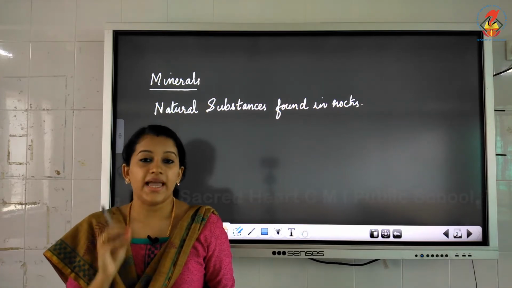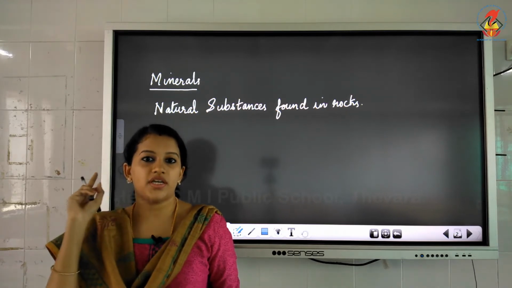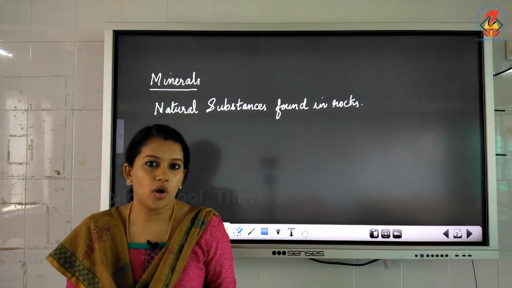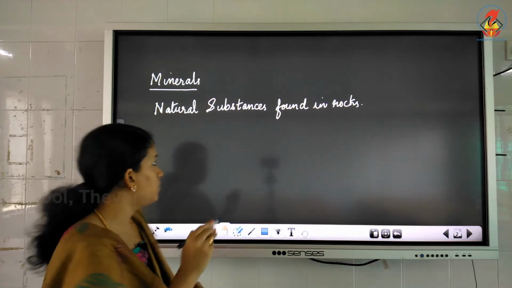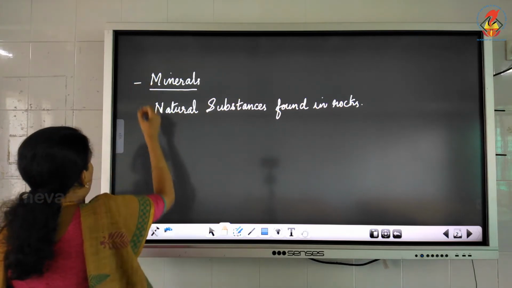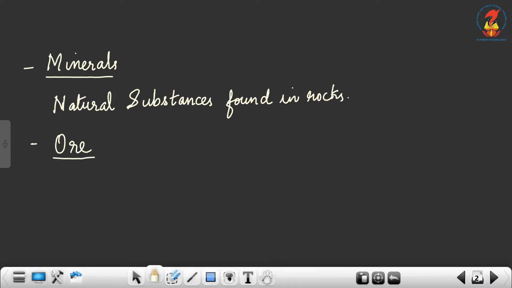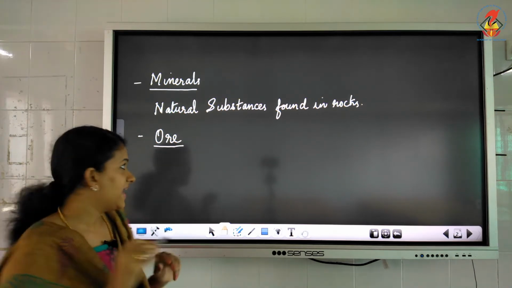Okay. And the rocks in which a large quantity of a particular mineral is present, such a rock is called ore. Next you have to learn what is meant by the ore of a mineral. What is an ore?